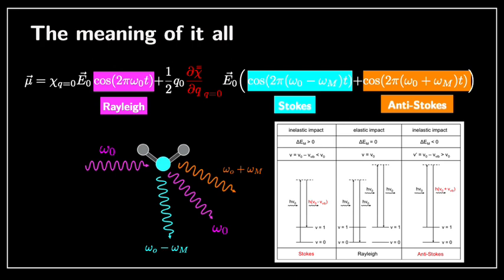The intensity of the anti-Stokes line will be related to temperature, of course, because that depends on how many vibrations exist in the material. But do not worry too much about this. We are not going to talk too much about the anti-Stokes here, but know that if you have to do Raman spectroscopy, you will have a Stokes and an anti-Stokes. One will pick up a vibration, that's anti-Stokes, and the other one, Stokes, will actually leave vibrations behind.